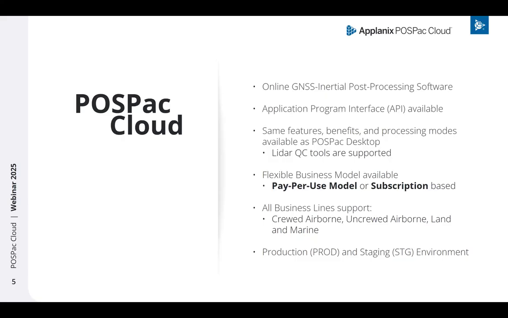The staging environment, on the other hand, serves as a dedicated integration and testing space. It allows OEM partners to develop, test, and validate their API integrations, workflows, and data exchanges without impacting live operations. Together, these options give you a powerful, adaptable, and future-ready post-processing solution.